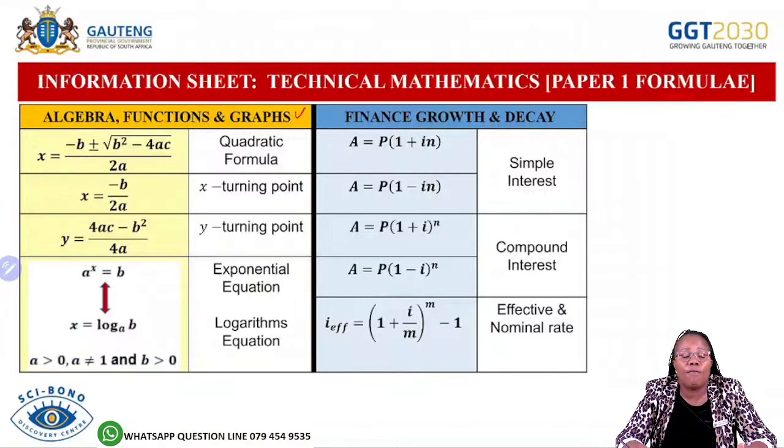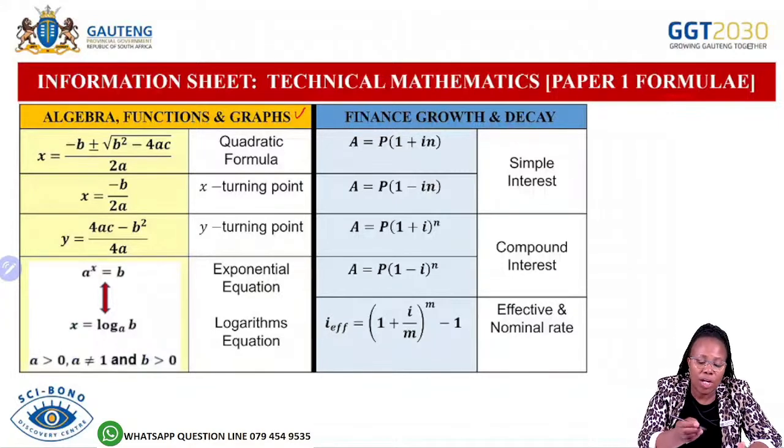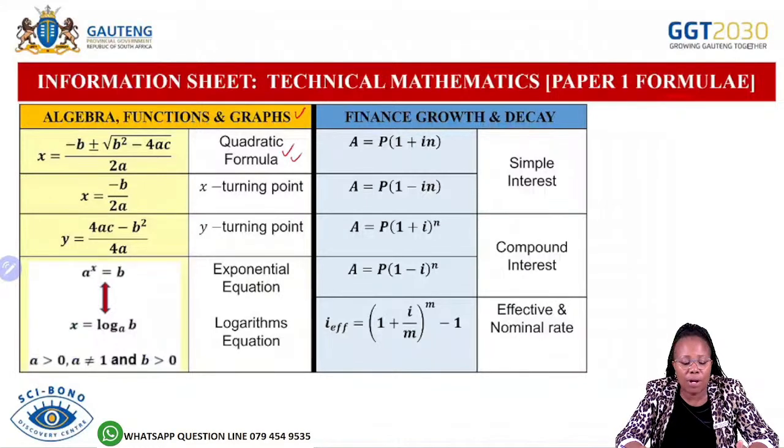That means you will apply these formulae when you are looking at your algebra and your functions and graphs. The first formula there is the most common one, the quadratic formula. Remember, you use the quadratic formula anywhere in a quadratic equation where there is a need for factorizing.